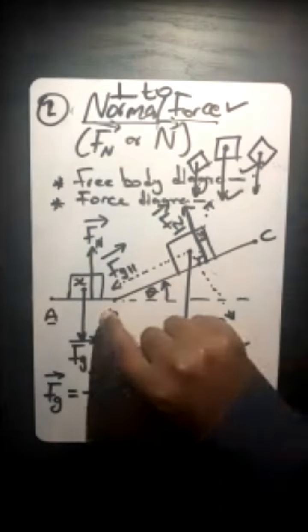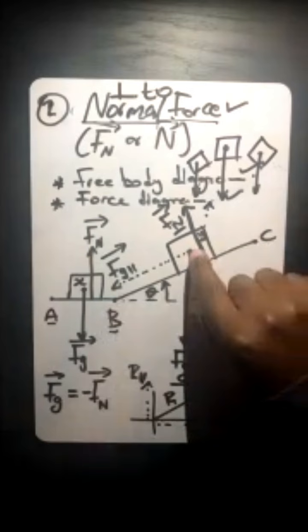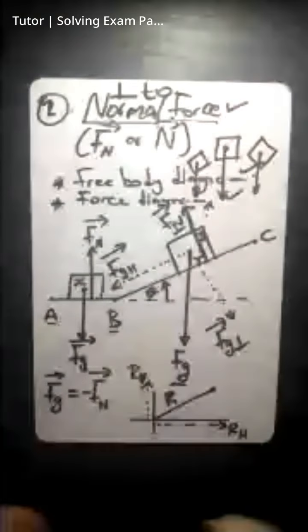So for now, just be aware that when we're dealing with an object on an incline, we've got two components, the parallel one and the perpendicular one. Now I want you guys to notice something.